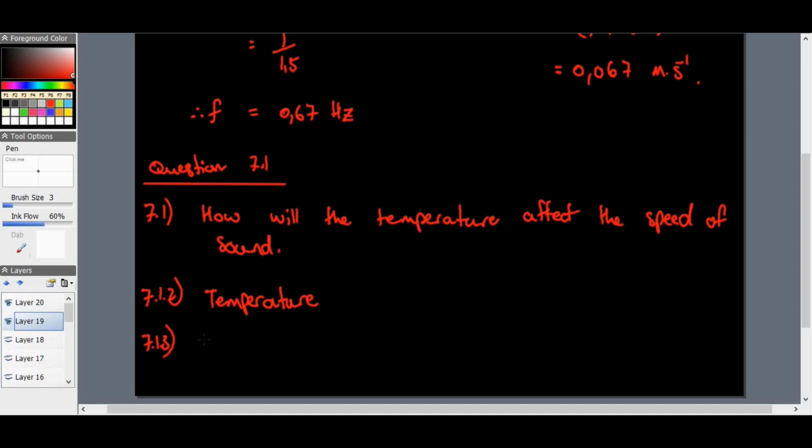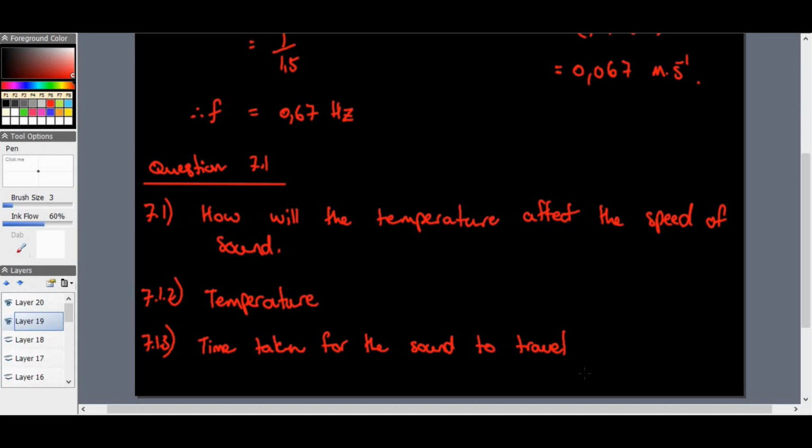But the dependent variable is definitely going to be time. Not time on its own, but the time taken for the sound to travel 50 meters. How long that takes, that is dependent on what?